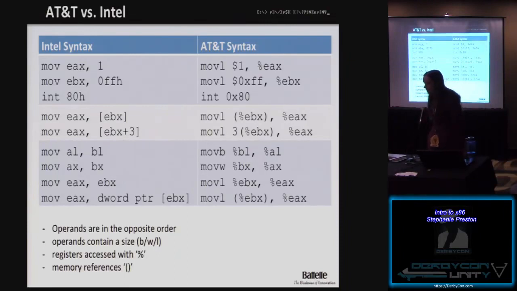The other difference is that all registers are accessed with a % in front of them in AT&T syntax, and that's the main reason I don't like typing AT&T. It's just an extra keystroke every single time I want to access a register. Programmers are inherently lazy, so I don't like doing this. And the last one is that memory references use parentheses instead of square brackets. So if you ever come across AT&T syntax, that's the difference between the main two.